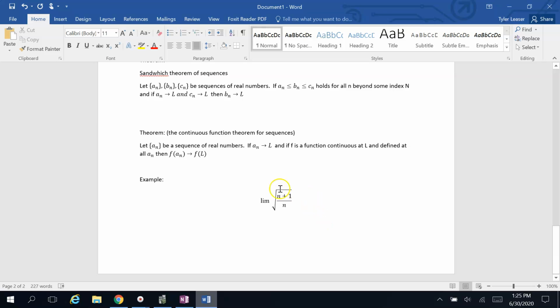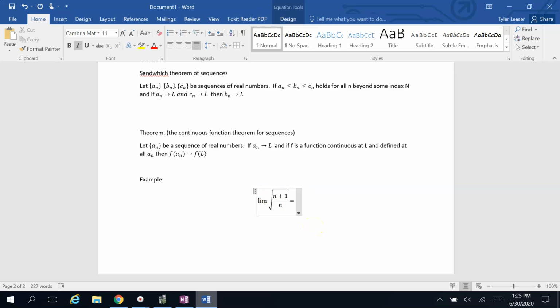However, if we think about this square root as the function f, we already know what the inside of that converges to. We did this one earlier. N plus 1 over n converges to 1. What that means is that if the inside of a function converges to something, then the entire thing converges to the function evaluated at that limit.